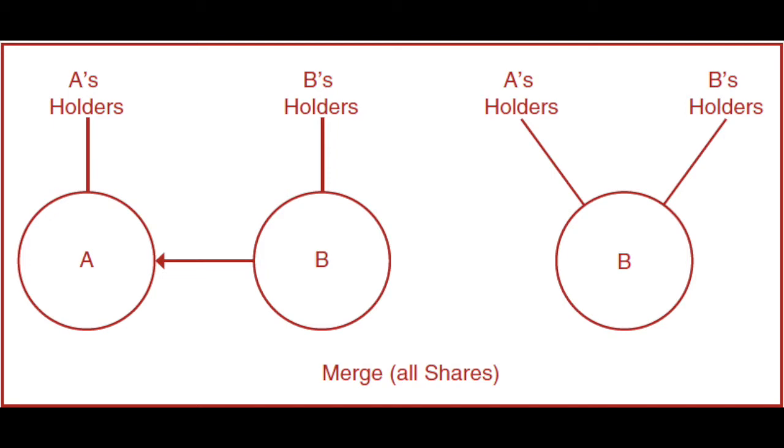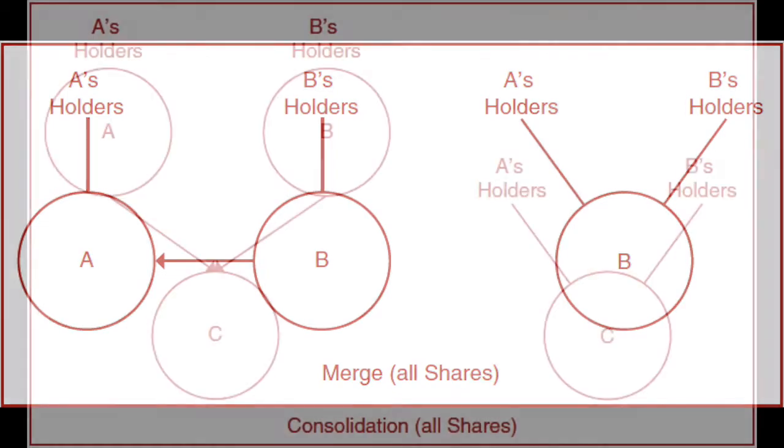Different things can happen depending on what kind of consideration is given to the target firm shares. But in this case, we've assumed that the target firm shareholders all get shares in the acquiring firm as their consideration. So following that transaction, the shareholders who had been shareholders in separate corporations are now all shareholders in the surviving corporation, which is Corporation A here, and we refer to that as the acquiring firm.